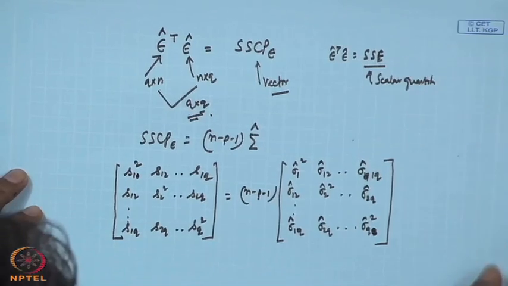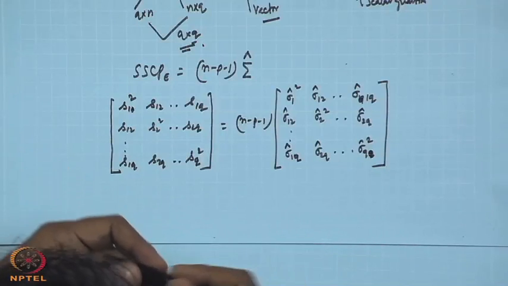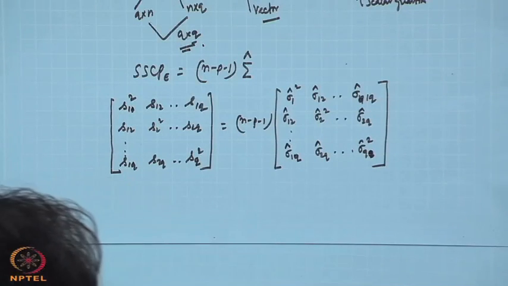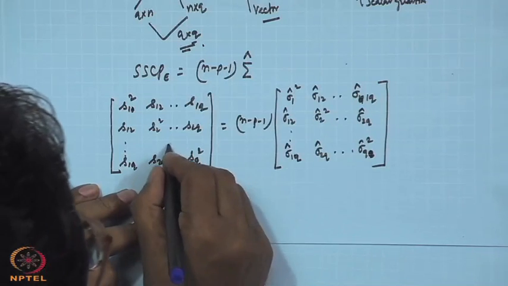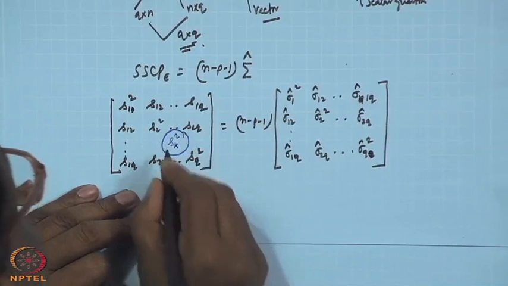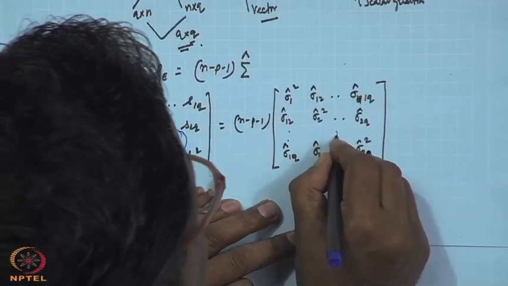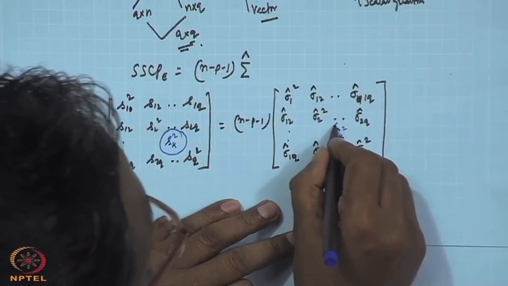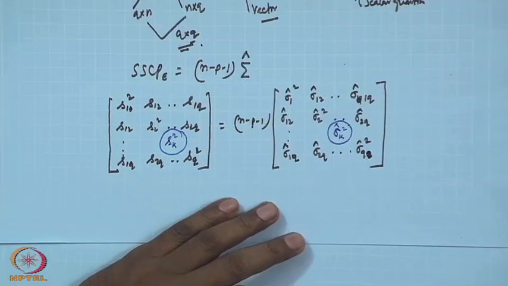Correct? So, if I take one value here, which is s_k squared for the kth dependent variable, then this corresponds to the population case, that is sigma_k squared, but we are estimating this one.